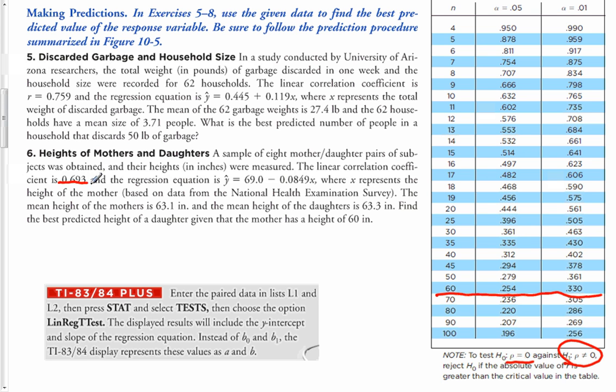correlation coefficient 0.693. So 0.693 is the correlation coefficient, and there are eight mother-daughter pairs, and their correlation coefficient R is 0.693.